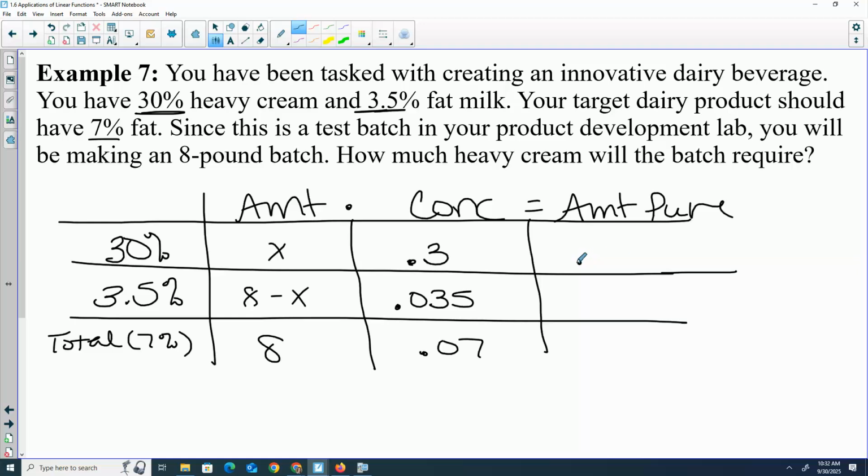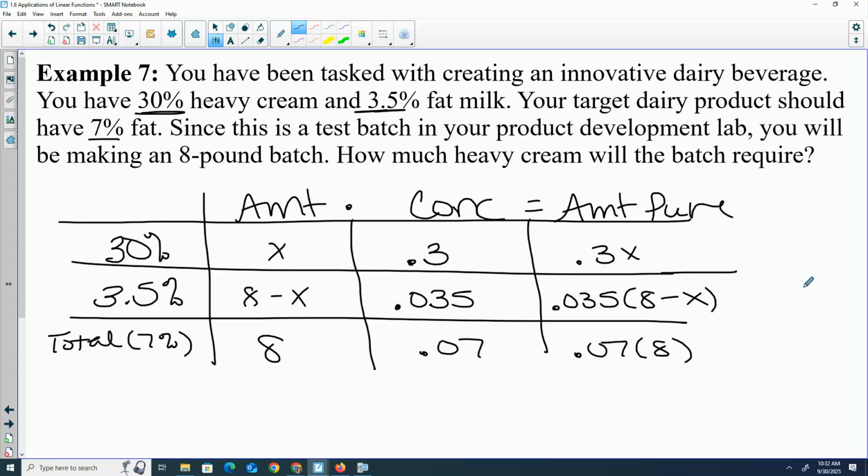So now if we multiply, we have 0.3x, 0.035 times 8 minus x, and 0.07 times 8. And our format is the same every time.